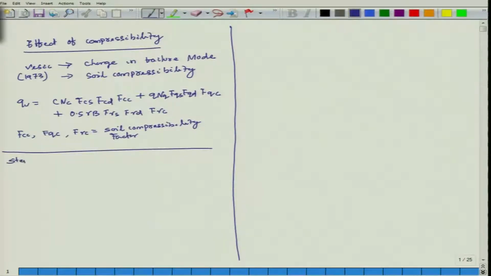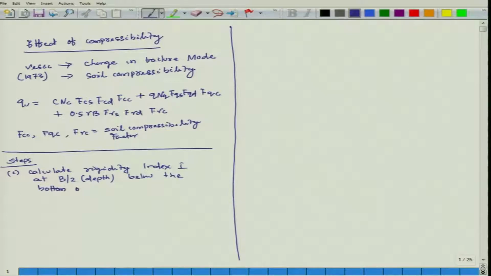Step one: calculate the rigidity index Ir of the soil at a depth B by 2 below the bottom of the foundation.